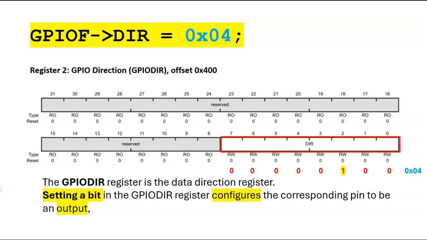Setting a bit to a 1 configures that bit to be an output. So in this case, if we translate this binary to hexa, that is 04. Hence, we have 04 in the instruction. That basically sets this bit to output mode.